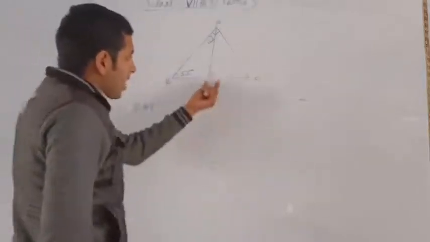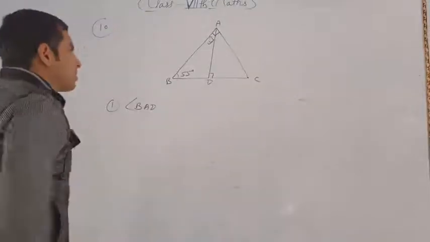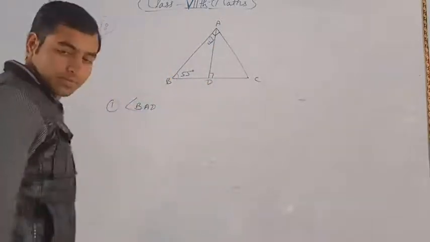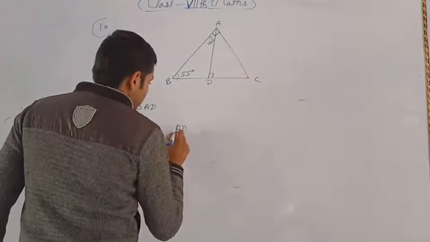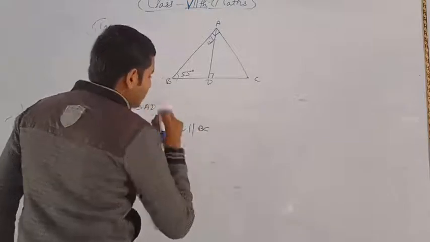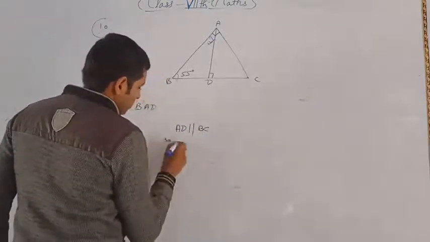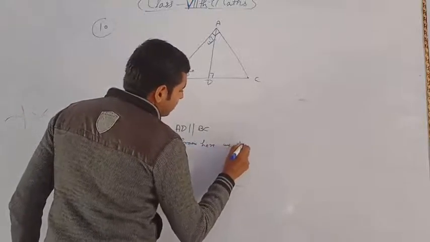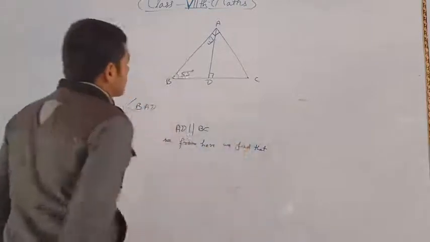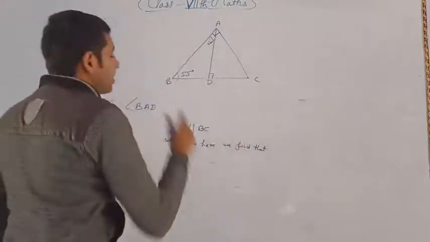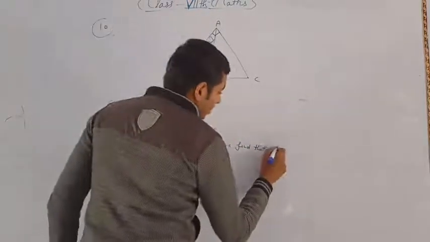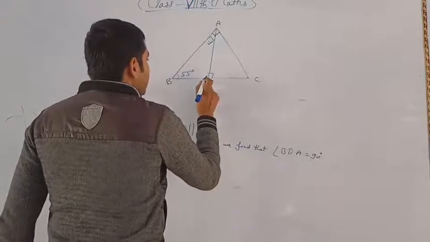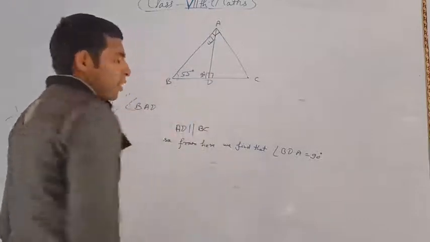Here you can see that angle ADC is equal to 90 degrees because line AD is perpendicular to BC. So angle ADB, or angle BDA, is also 90 degrees.